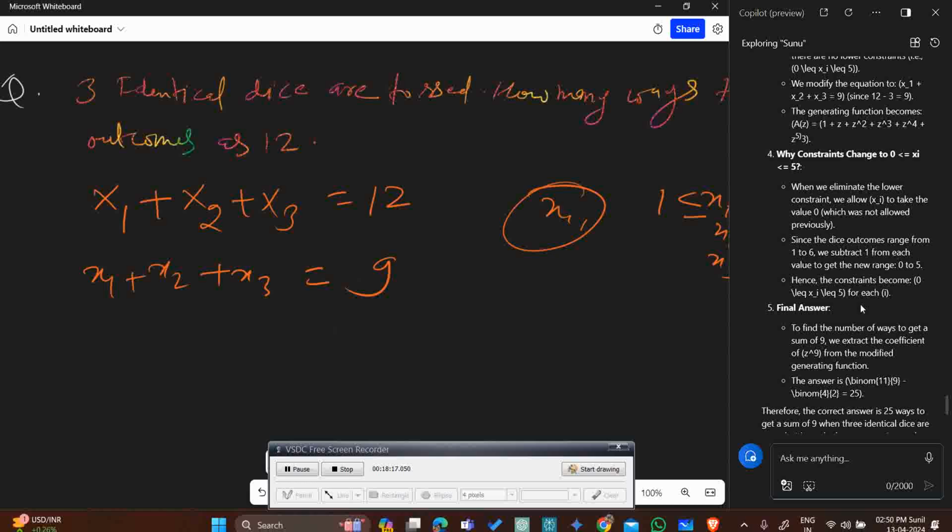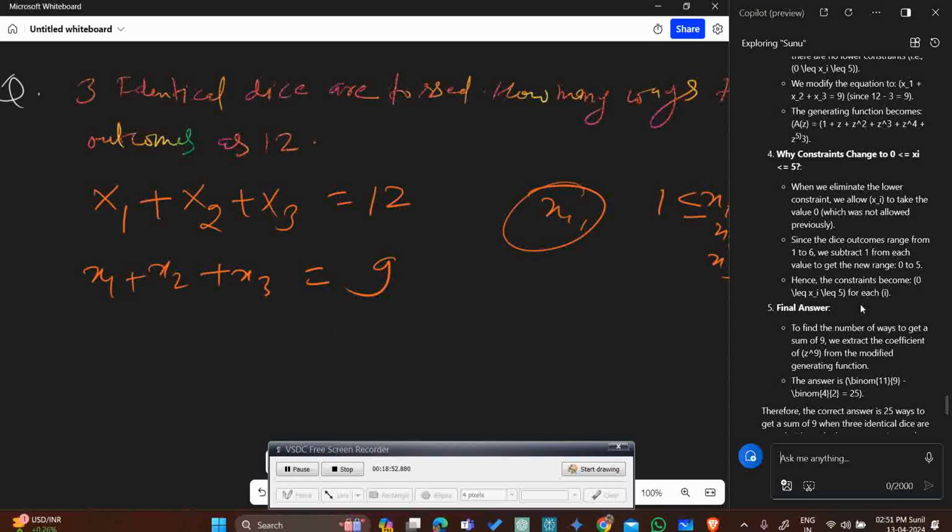So here, subtract 1 from each xi outcome to allow 0 as an outcome. Right? This is how it is.